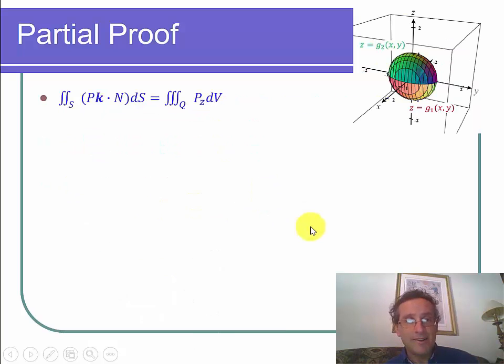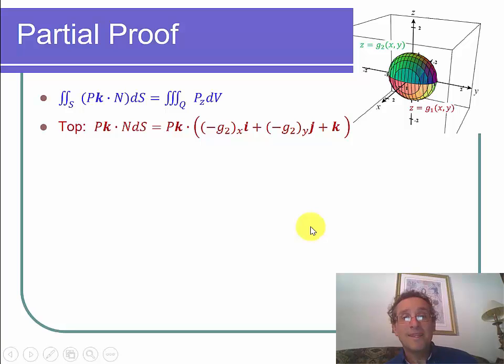So let's start out with the left-hand side. So I will work out the flux integral, so the surface integral of Pk dot n dS. Because this particular surface has a top and a bottom, we have to calculate the flux integral by calculating the tops and bottoms individually and adding up the two fluxes.